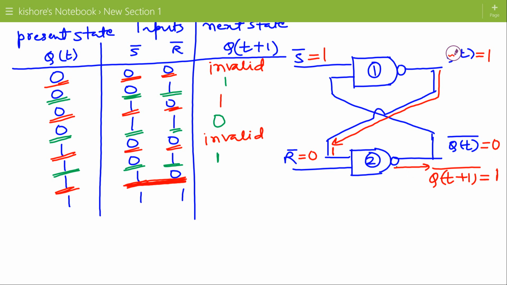Now this QT plus 1 bar is the feedback input for the first NAND gate, that is 1 1. 1 NAND 1 is 0, so QT plus 1 is 0. QT plus 1 is 0 and QT plus 1 bar is 1, so this is the valid state, that is 0.